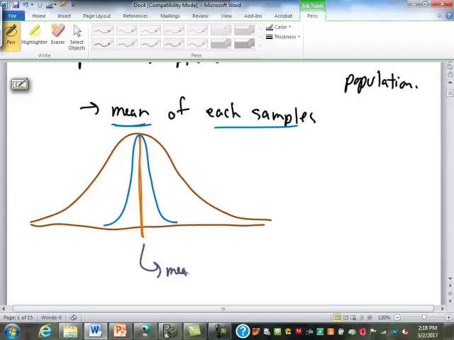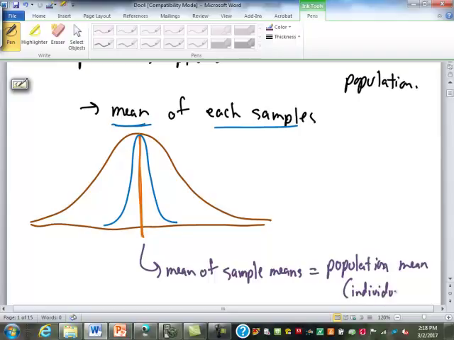The mean of the sample means is just equal to the population mean, and that is for the individual values in the population. So we take all of these samples and find their means, and then we find the mean of the means, the mean of all those means. The mean of all those means should equal the population mean of all the individual values.